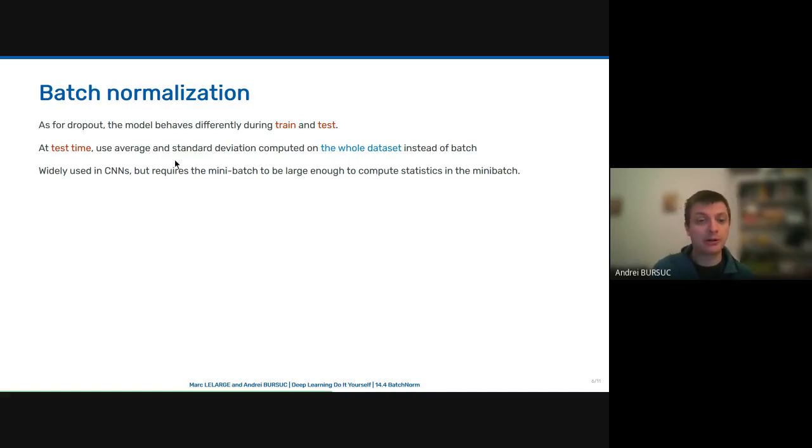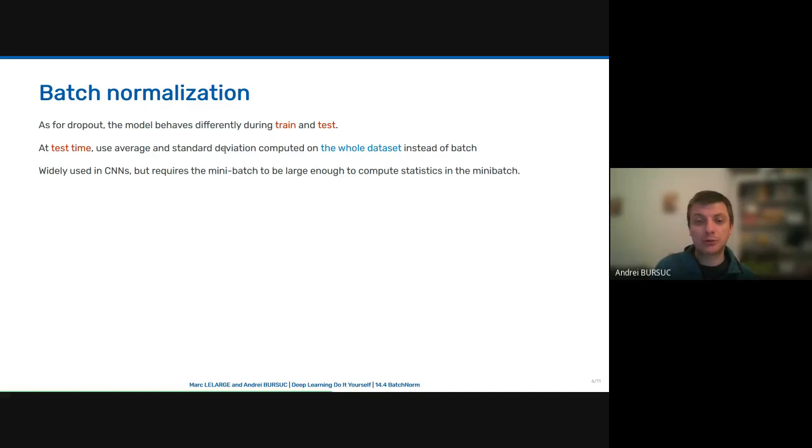So at test time, we use the average and standard deviation that we have computed across the whole data set during training. This also shows one of the major drawbacks of Batchnorm: in order to work properly, we need large mini batches to compute robust statistics.